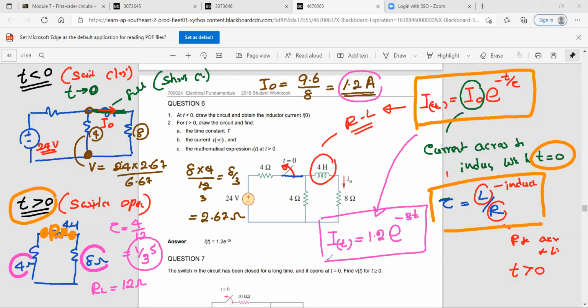If you're done with that, you can now try question number 7. Miss, about the test, which topics is it going to cover?